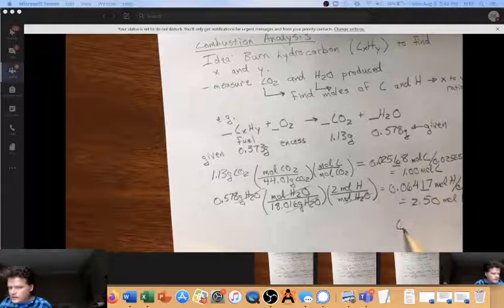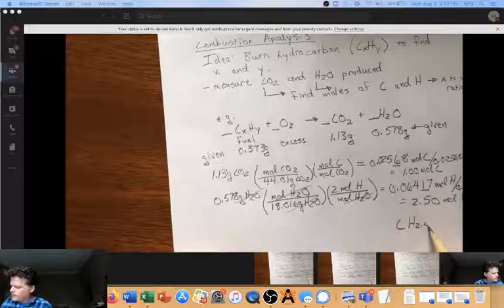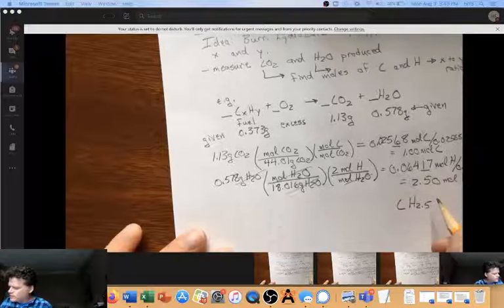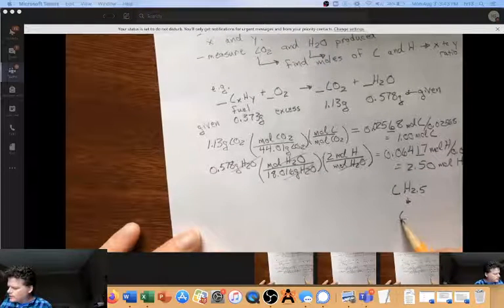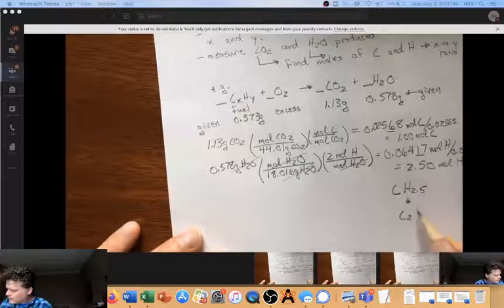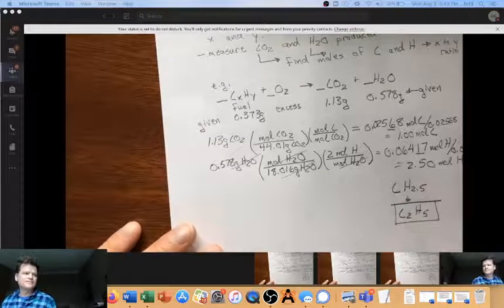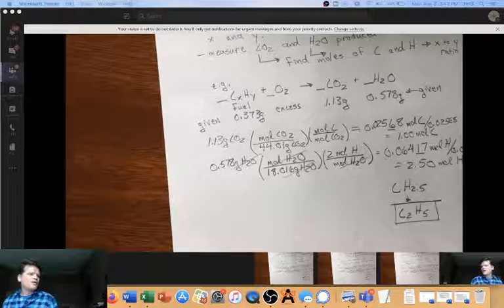So it's CH2.5, but I need to express that in whole numbers. So it's C2H5. That's my empirical formula using combustion analysis. All right, so that's my example for you.